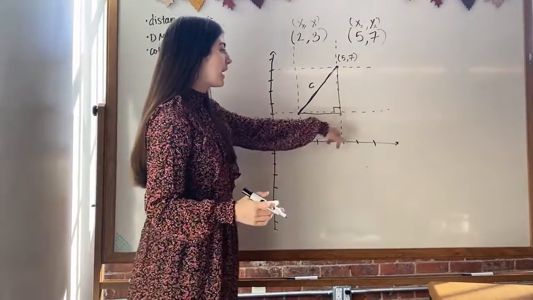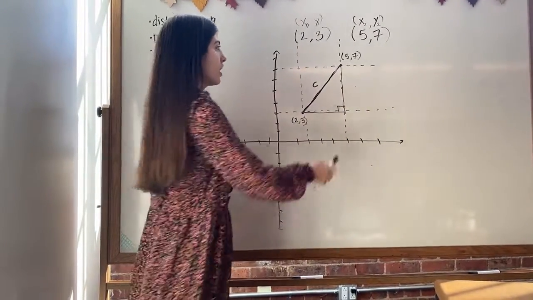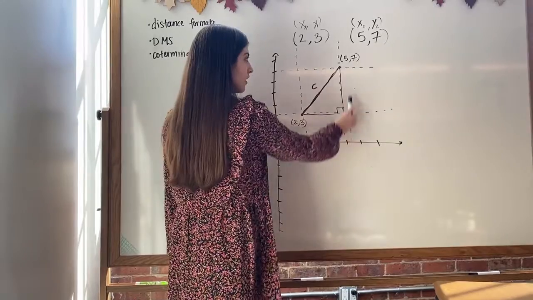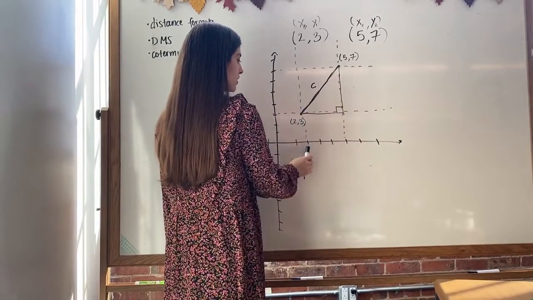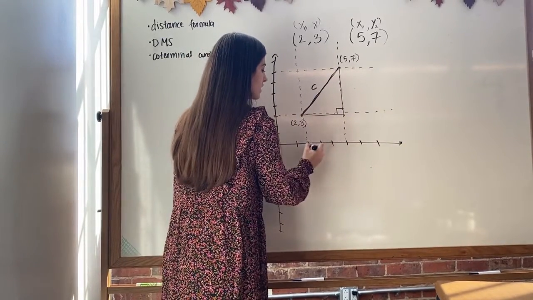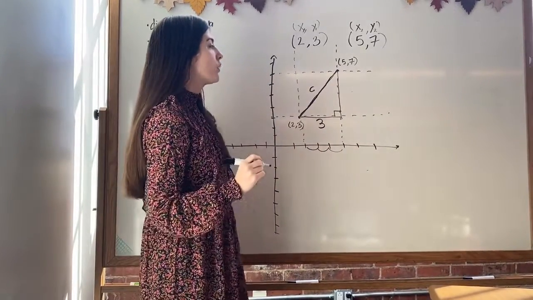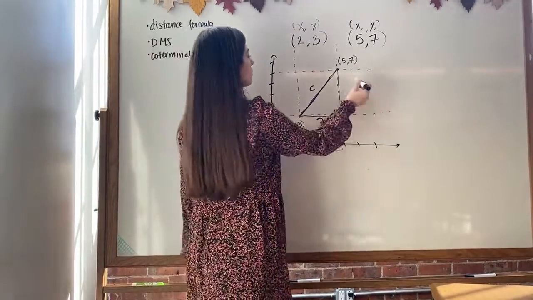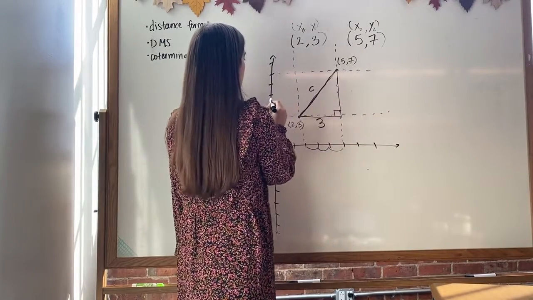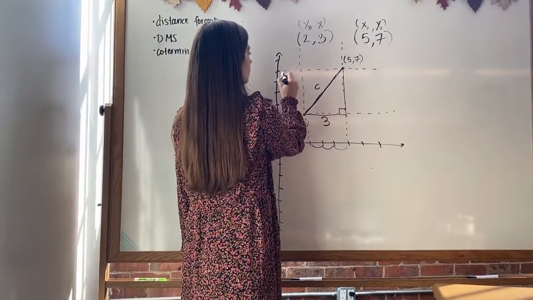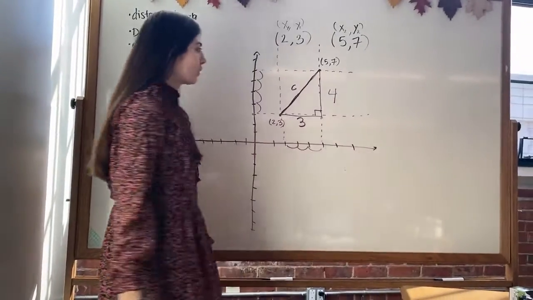If we want to find a and b so that we can find c, we subtract our x value 5 by our 2, and we get 1, 2, 3. This is 3 units right here. And then we subtract our y values. Between here is 1, 2, 3, 4. So this right here is 4.